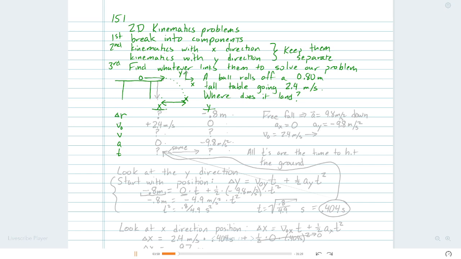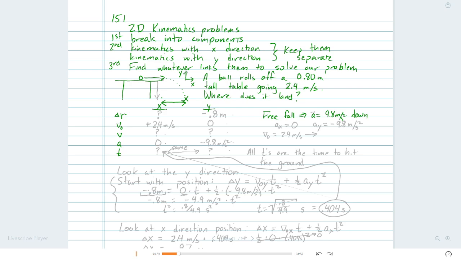Now, after the ball leaves the table, it's in free fall. So free fall means my acceleration is what? 9.8 meters per second squared down.